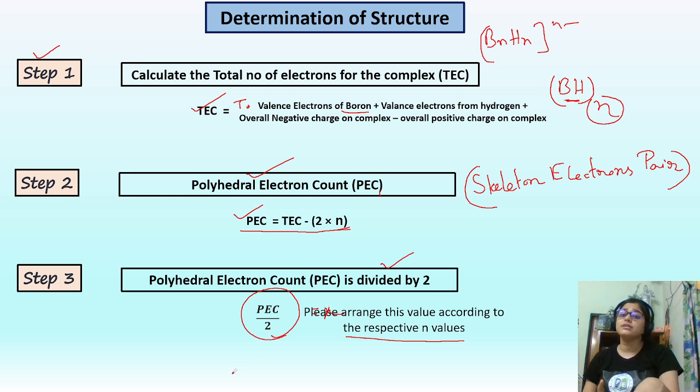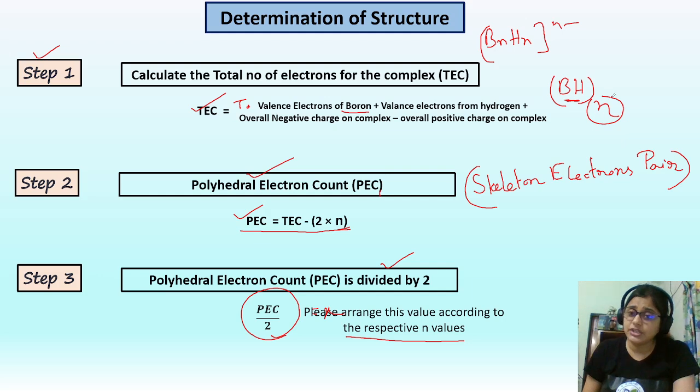Respective N values means the BH unit is actually different for every cluster. When we see the examples, you can understand it in a better way. So N will be different for all structures, right?